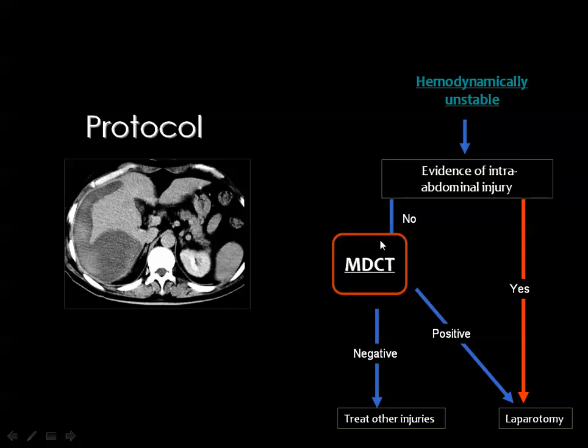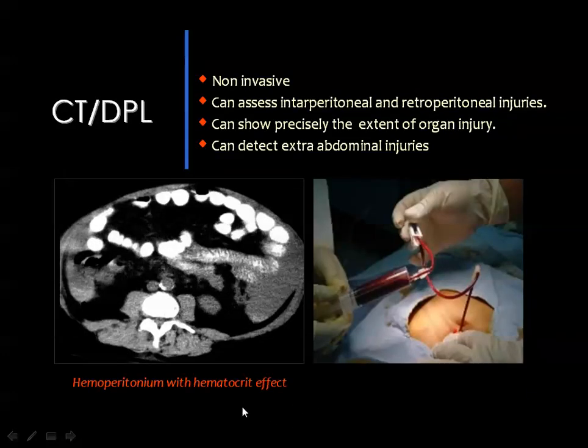Then if CT shows positive results, go to laparotomy for dealing with the injured organ if this is necessary. And if the multi-detector CT is negative, then your attention is directed to treat other injuries.